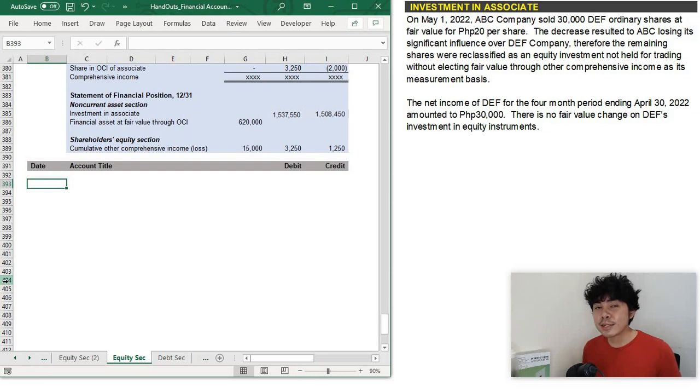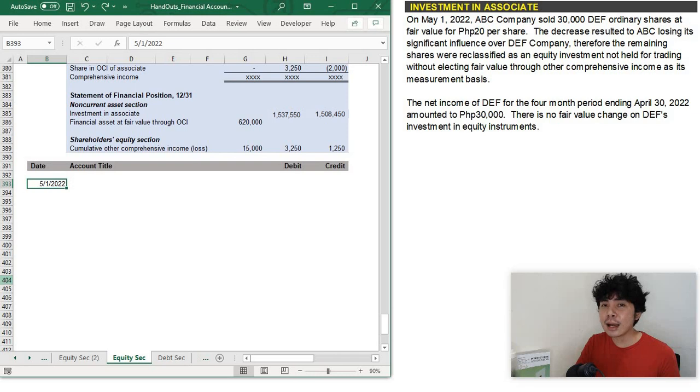So ngayon, let us now prepare our journal entry on May 1, 2022, the date of sale. So ang una natin gagawin is i-update yung ating investment in associate na account at paano natin siya update. So kailangan pa rin natin siyang i-account under equity method from January to date of sale. So kailangan pa rin natin gayahin yung changes in equity ni associate during that 4-month period.